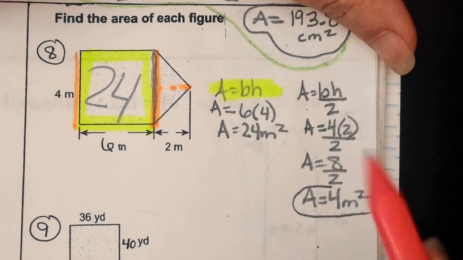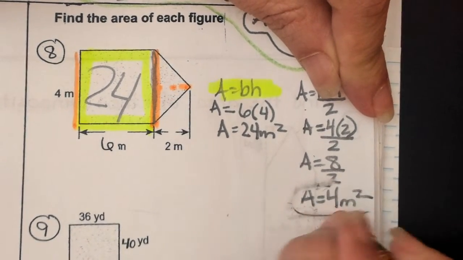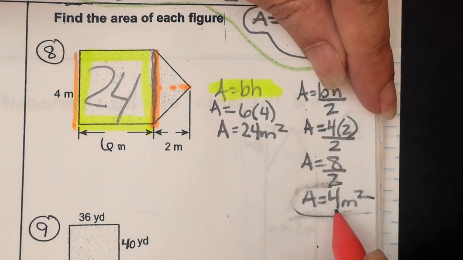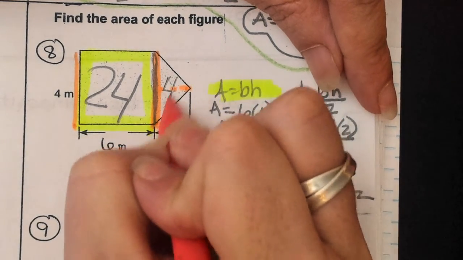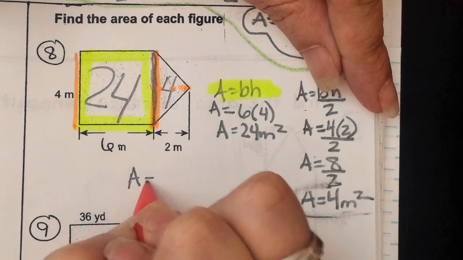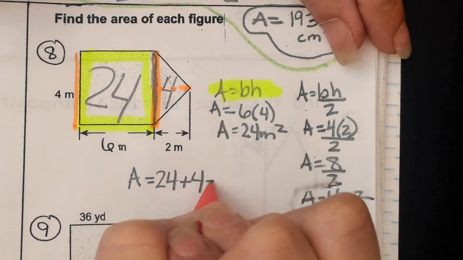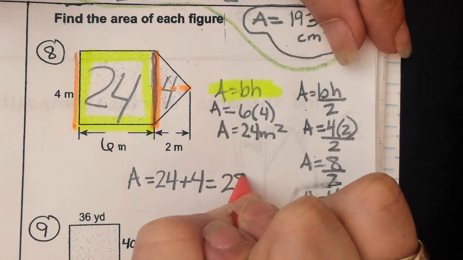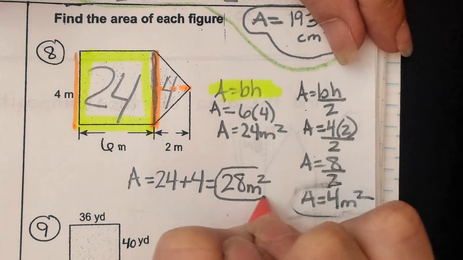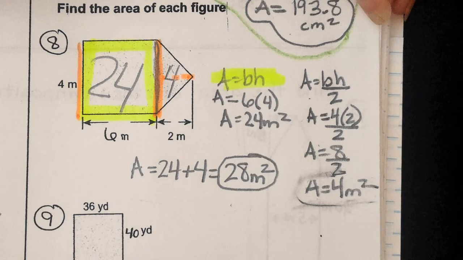You've got to divide, well, don't circle that. That's not your final answer. Listen, that is just the triangle. You've got to divide by 2 on triangles. That's why it's 4. So 4 is this. 24 is that. Do we add it or subtract it? Add it. So the final answer is 28 meters squared. Okay. There we go.